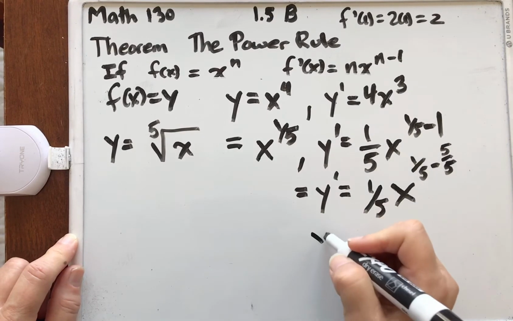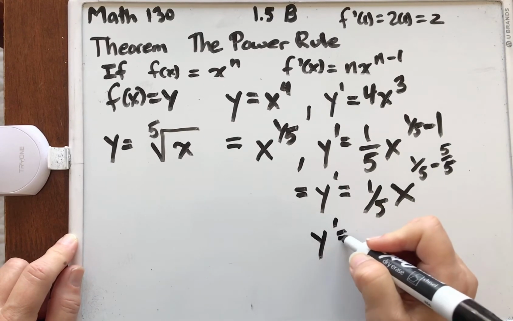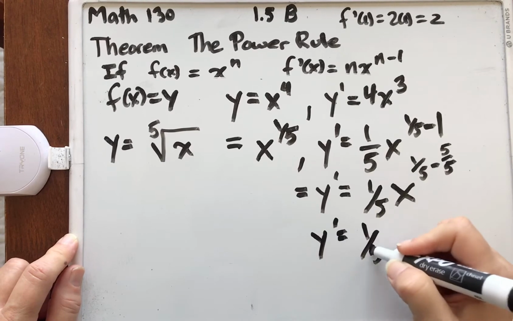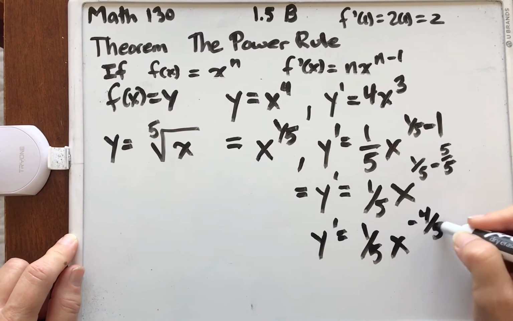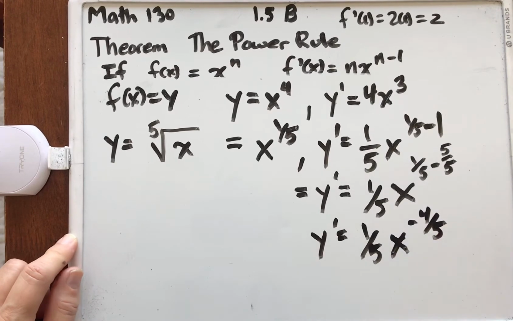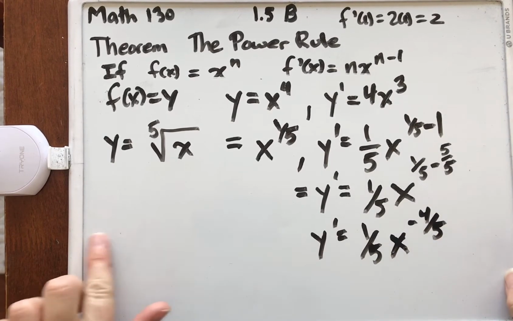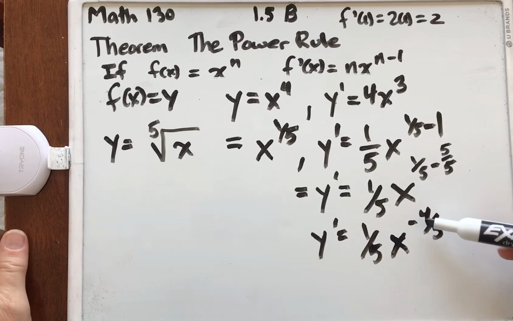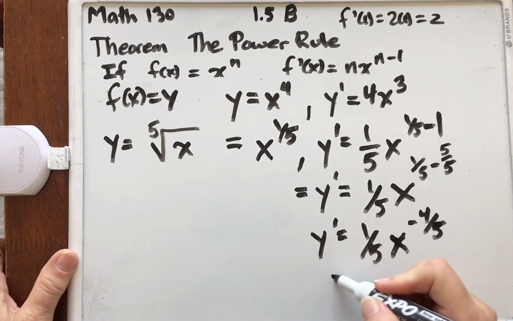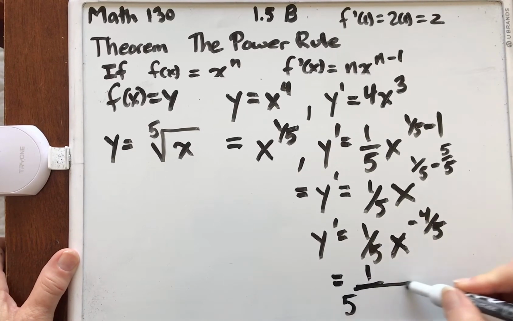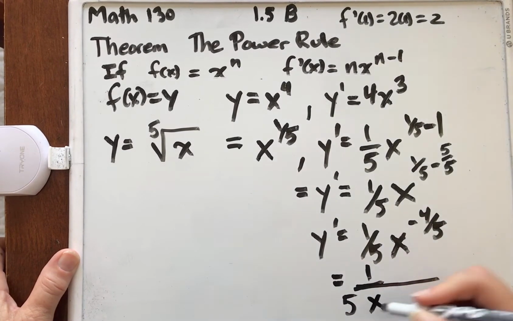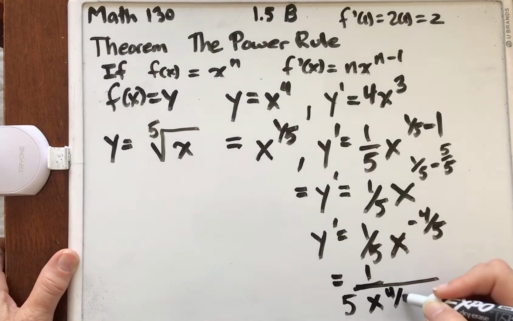So y prime equals 1/5 x to the negative 4/5. Now in this class, generally when we see a negative exponent, we go ahead and put it in the denominator. So we have 1/5, and we bring this down and change it to a positive exponent.